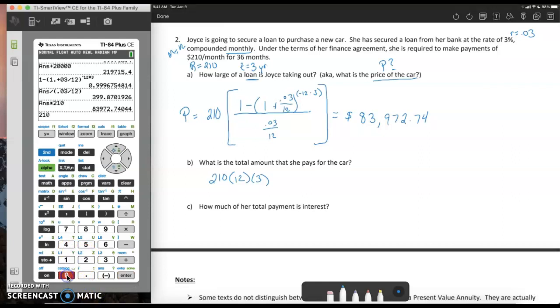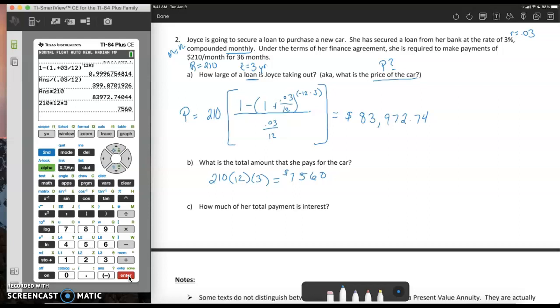I feel like, am I off by a decimal point somewhere? Yeah, that doesn't make any sense really at all because she only pays $7,560. I need to go back and review up here.